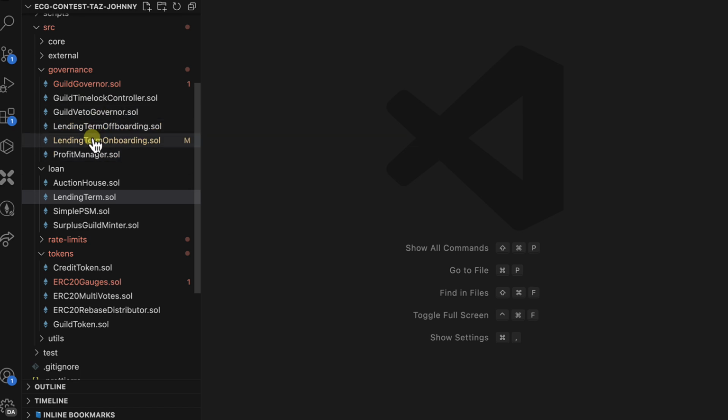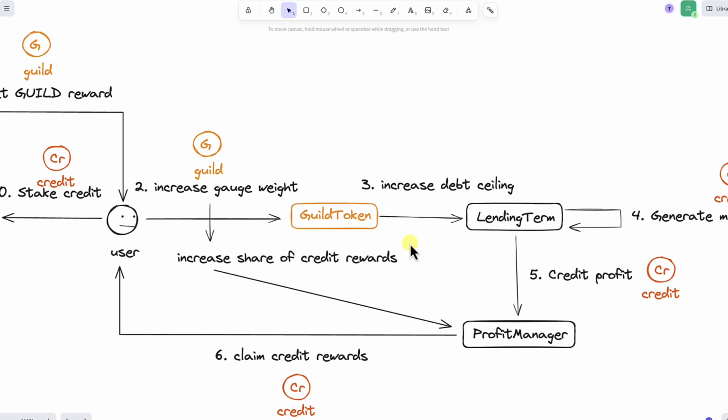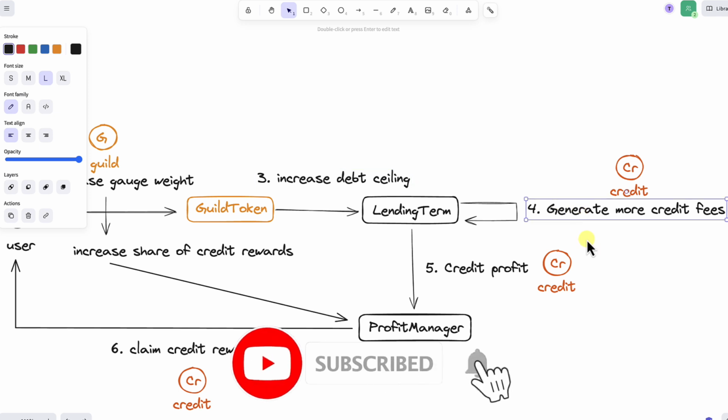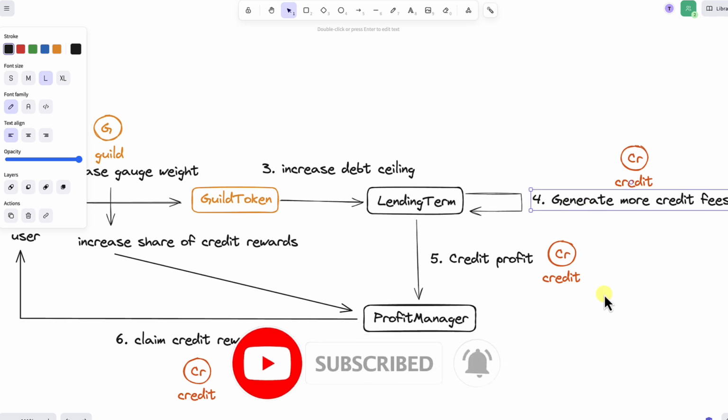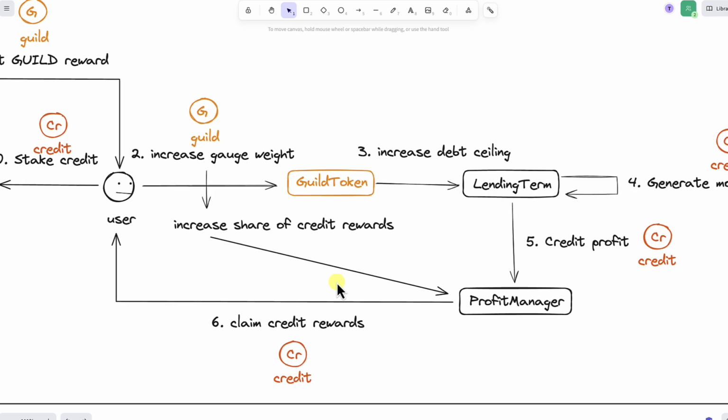This is one, but another thing that you can do with your guild token, you can actually stake it for a lending term. So if there is a lending term that you like, you can support this lending term. So this is what Taz said, you can stake those guild tokens to the lending term. And what happens when you do that is people can borrow more using this lending term. So it means that more rewards will be generated for you, for the stakers that staked for this lending term, but you can also get slashed, which is something that is not described in this diagram, maybe in another diagram.